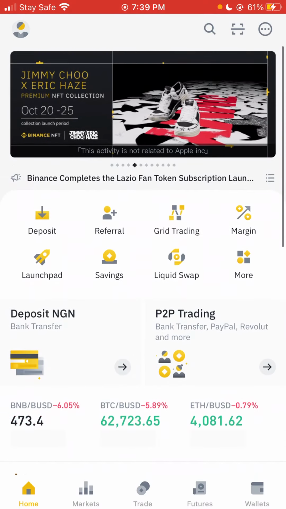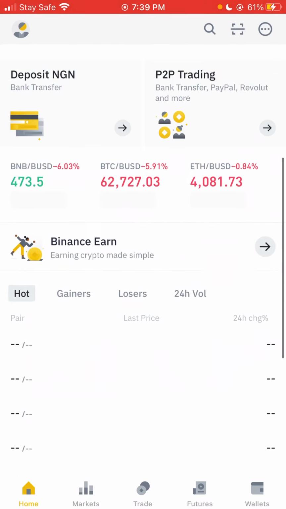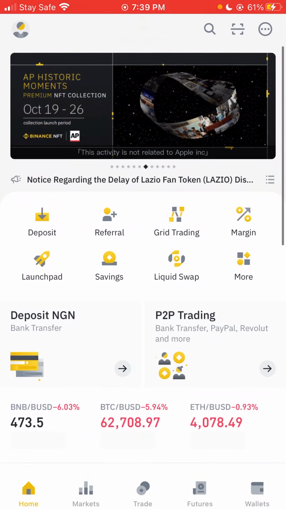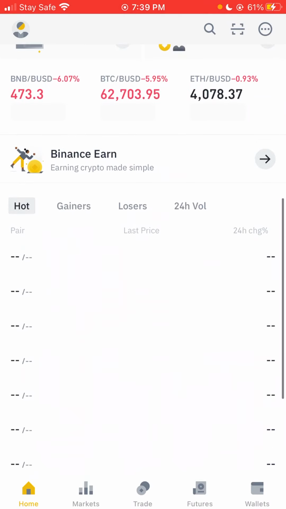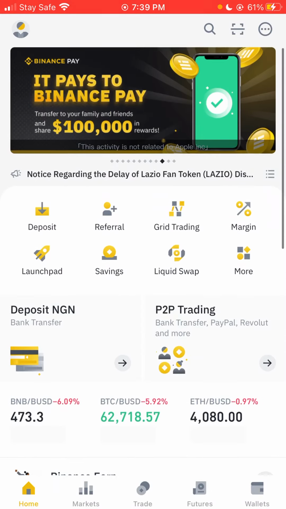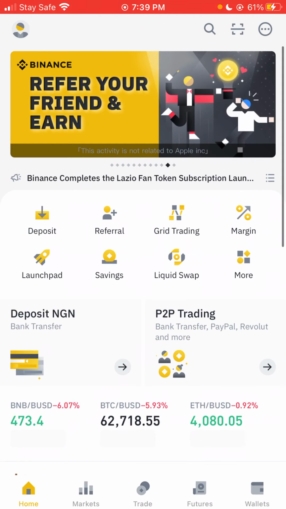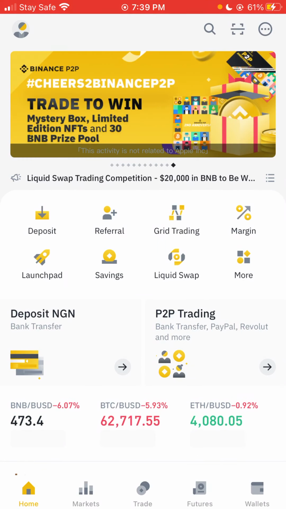So let's get started. First thing to do is to get a verified Binance account. If you're a Nigerian, you can do that by verifying your account with your international passport, your NIN slip, or your driver's license. So you have nothing to worry about because Binance now accepts NIN slip.